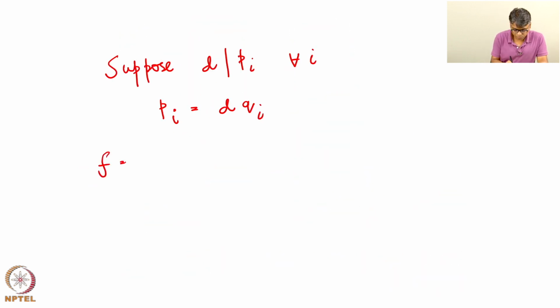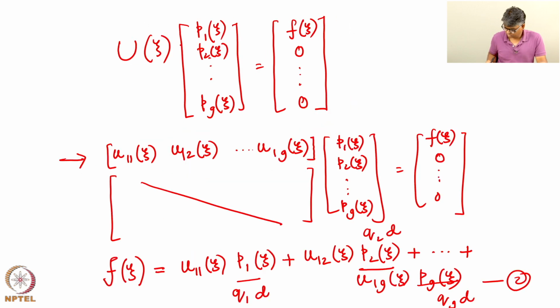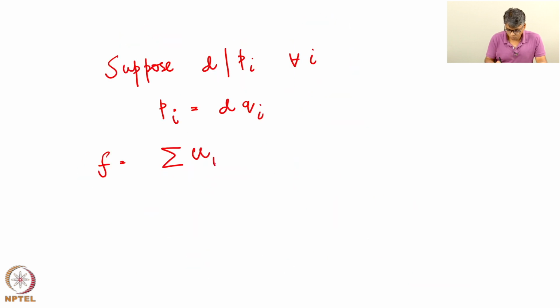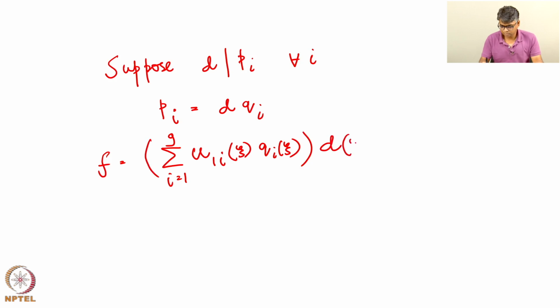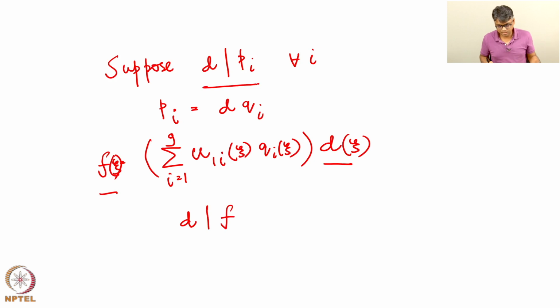That will mean f is equal to summation U, let me check what for the indices, 1i xi times Qi xi, i going from 1 to g, times D xi. F xi. You see, then D divides f, which means the moment I assume D is a common divisor, that means D should divide f as well. So that's the definition of greatest common divisor. So that means f is the GCD. Great, no?